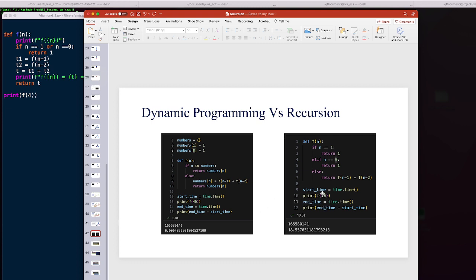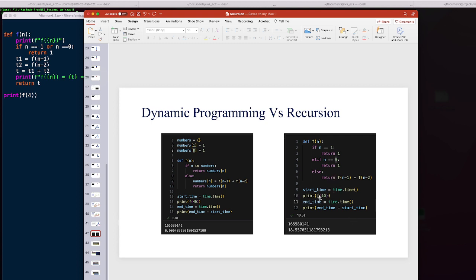So look at Fibonacci of 40 in the recursion manner. The value for Fibonacci of 40 is this value, and it took 18 seconds to come up with it. But look at the dynamic programming counterpart. Same value for Fibonacci of 40, but look at the time: 0.0004. It's more than 1000x faster than the recursion. This is huge.